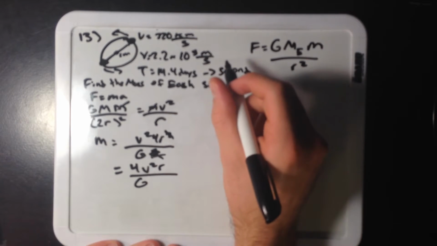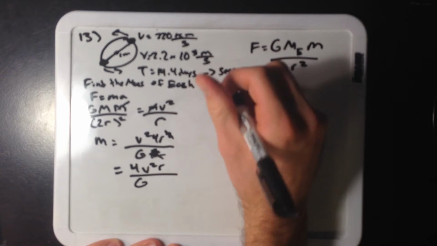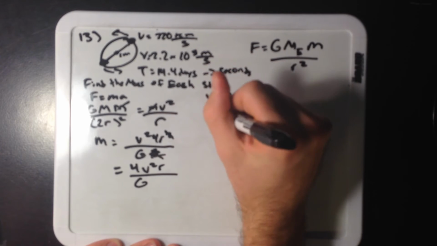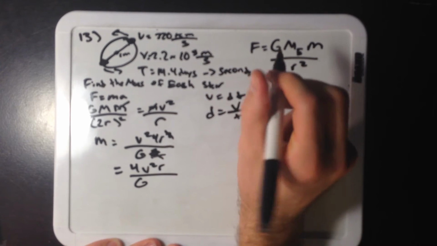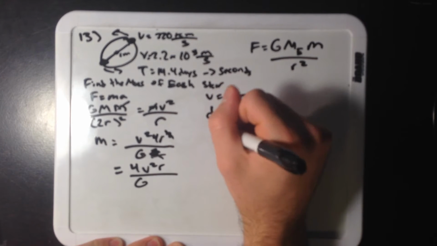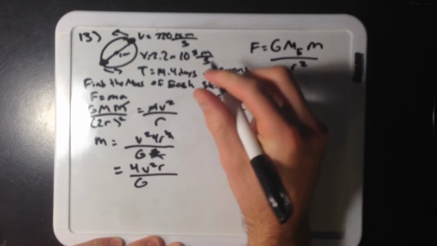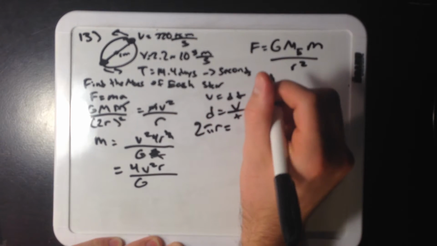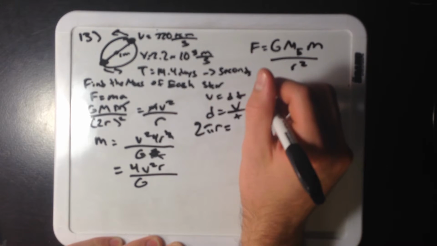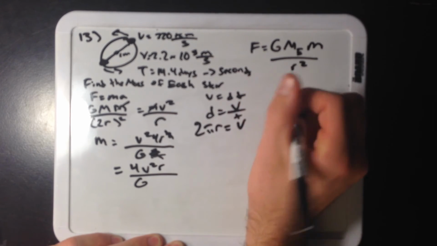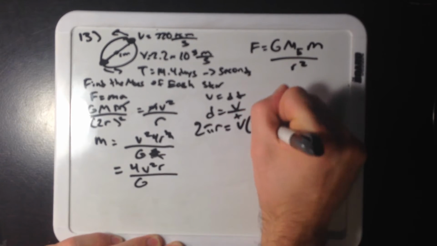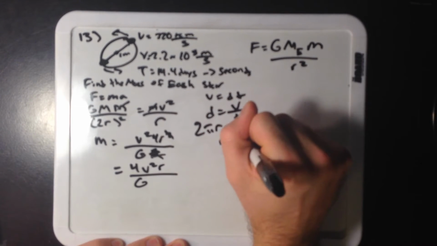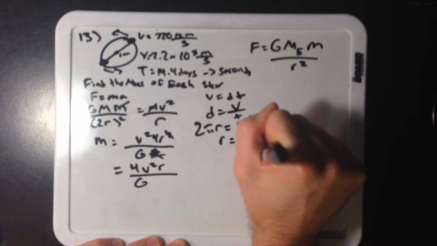So we know that it goes around, so we know velocity is distance over time, so distance equals velocity times time, and we know that each star is going to go in the circle, which is the circumference of 2 pi r, equals the velocity, which we do not know, and then time, we're going to change into the period, so that's big T, and so r equals v T over 2 pi.